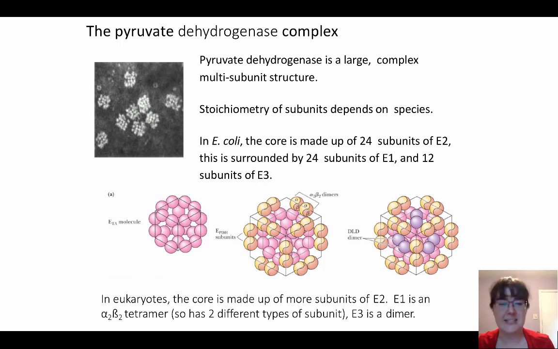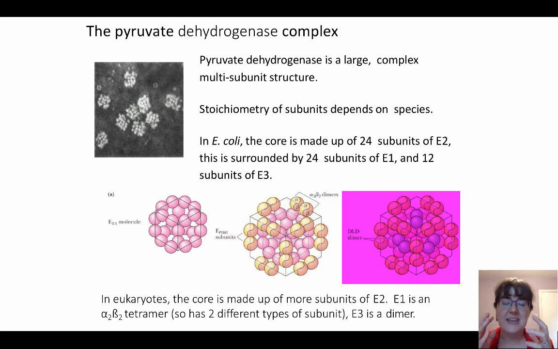As you look at this, there's essentially an inner grouping that has the E2 complex in it, the one with the lipoic acid. Then, on the outside of that inner grouping of the lipoic acid units of the E2, go the E1 subunits, that pyruvate dehydrogenase.